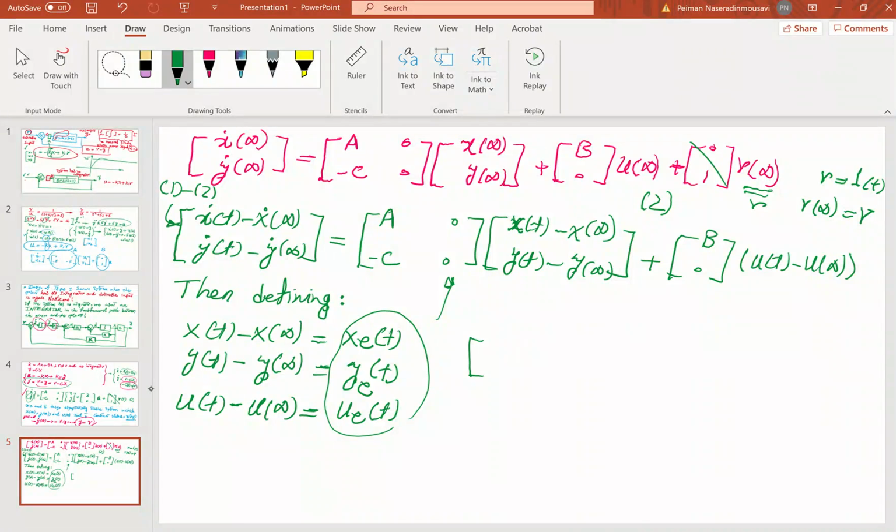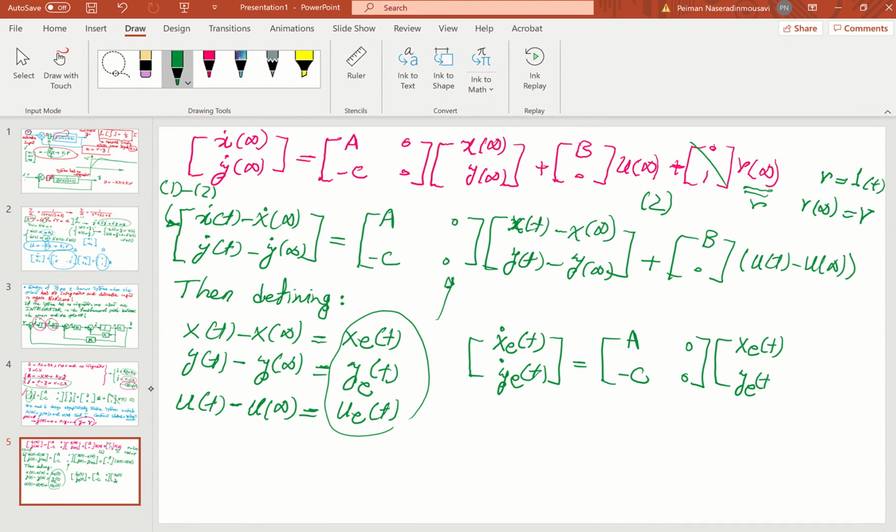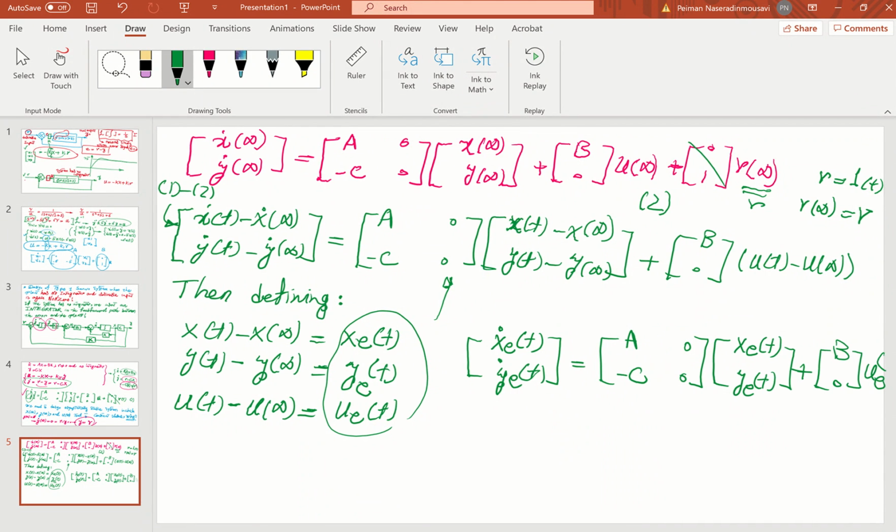x dot of t minus x dot of infinity becomes x dot e of t, and zeta dot e of t is equal to, again, the matrix A, 0, minus C, 0 times x e of t, zeta e of t, plus B, 0 times u e of t.